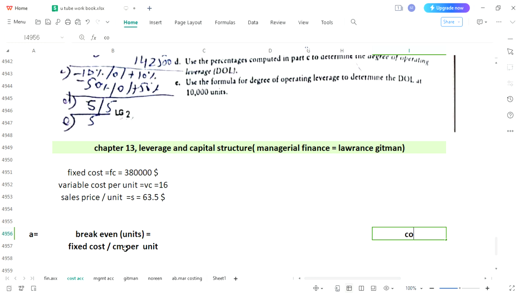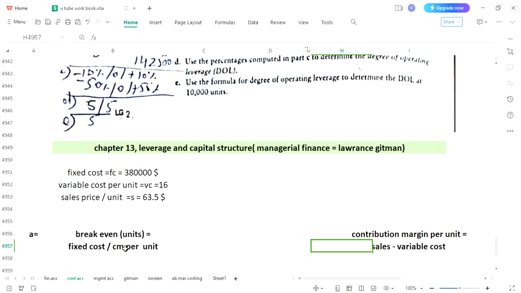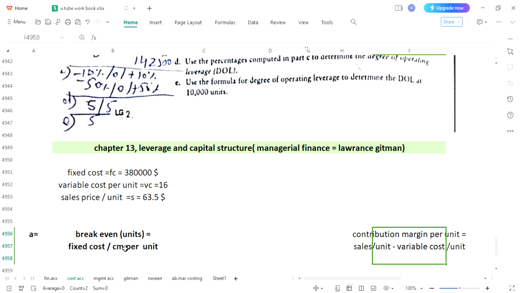CM means contribution margin per unit, and this would be calculated by taking sales, but this sale would be per unit. Over here you need to write sales per unit, and then you subtract your variable cost, but per unit. This is the way you calculate your contribution margin per unit.